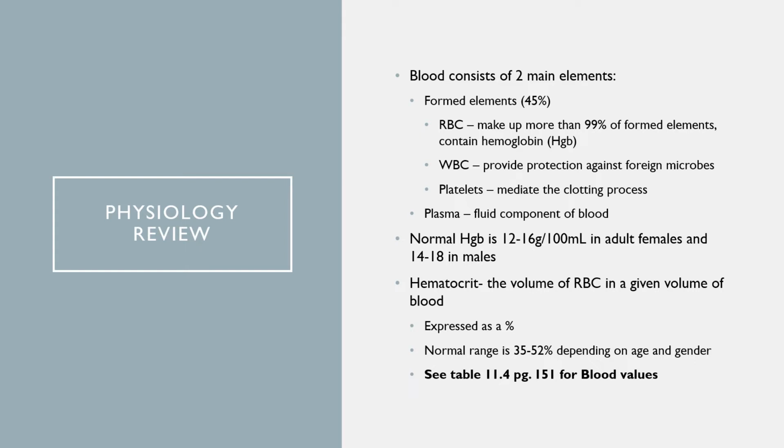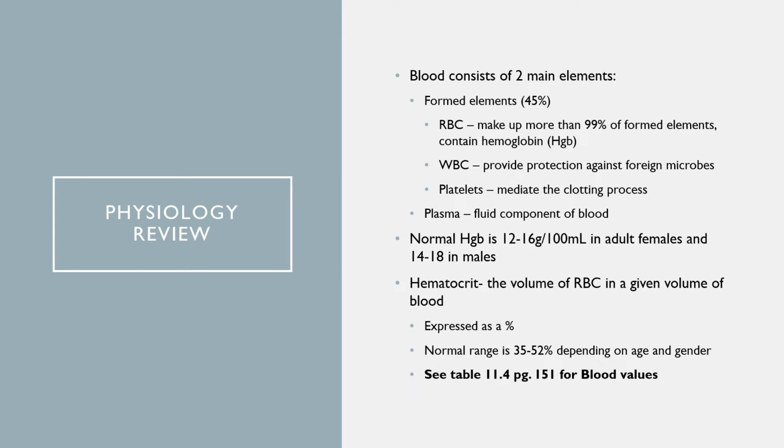Platelets mediate the clotting process, and plasma is the fluid component of our blood. Normal hemoglobin is 12 to 16 grams per milliliter in adult females and 14 to 18 grams per milliliter in males.